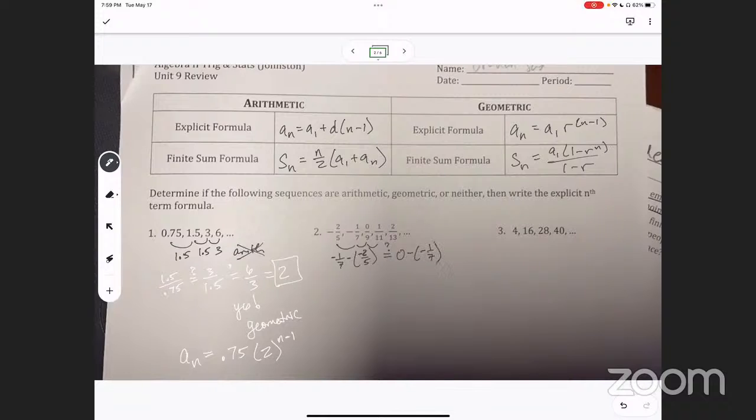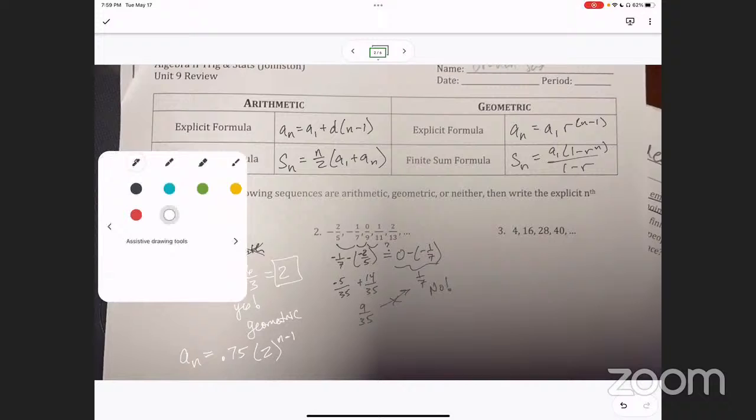Is that the same thing? I don't think it is. Because with common denominators, this is negative 5/35 plus 14/35, which equals 9/35. That's that difference, and this difference is 1/7. So these do not equal each other.